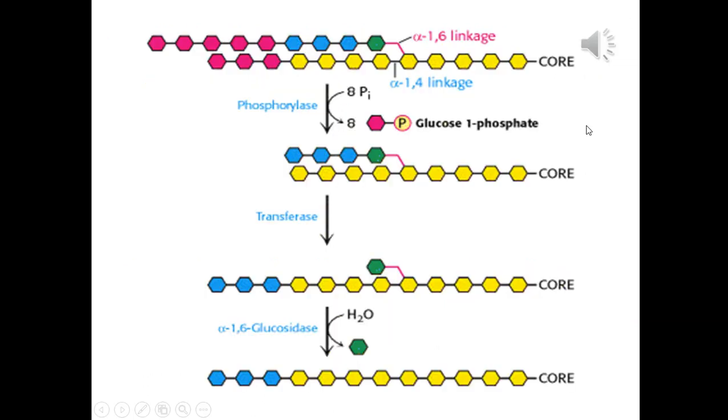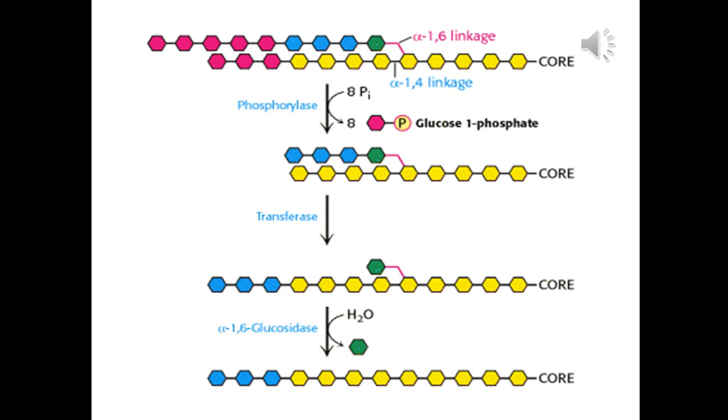So this slide shows the simple explanation of the action of both enzymes that are responsible for glycogen catabolism. The first one, glycogen phosphorylase, is responsible for breakdown of the alpha 1,4 and release of glucose in the form of glucose 1-phosphate.